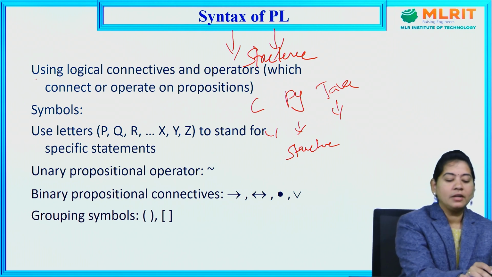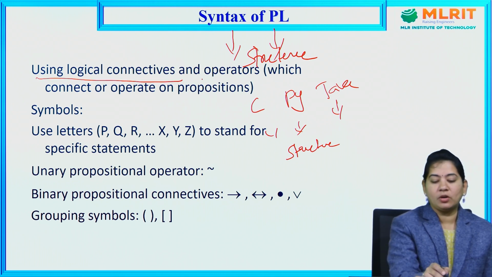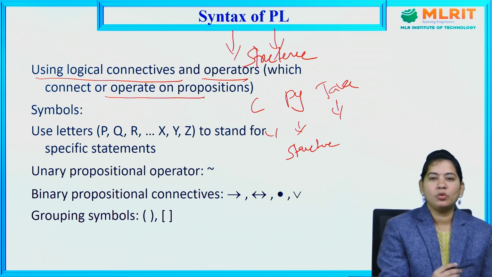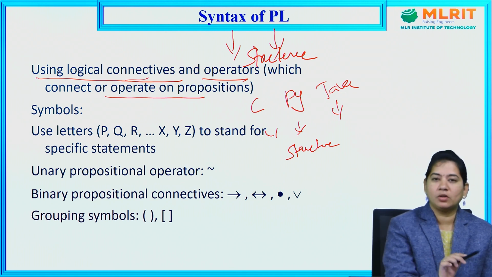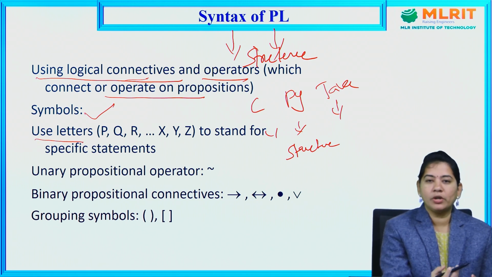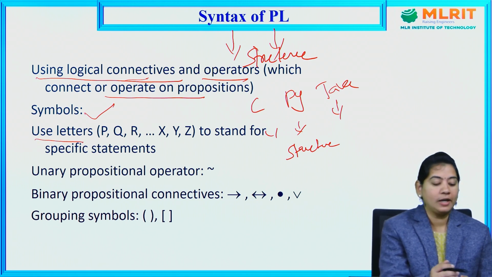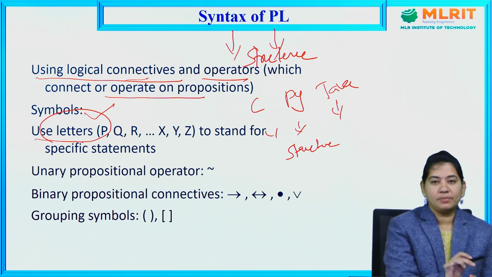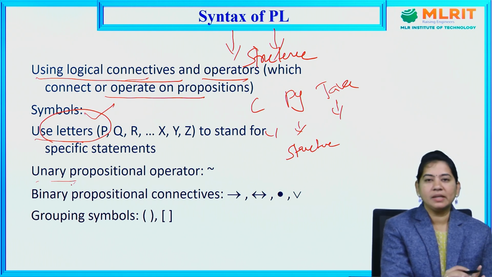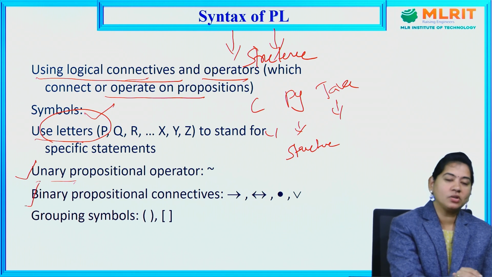Those rules use logical connectives and operators which connect or operate on propositions. You need to use some symbols and some letters if you want to get a statement formula. The operators can be either binary or unary.